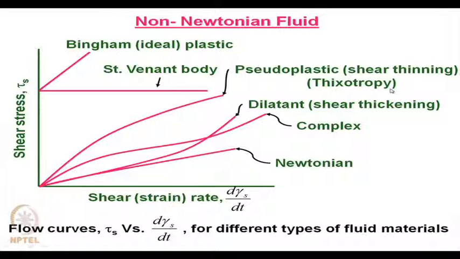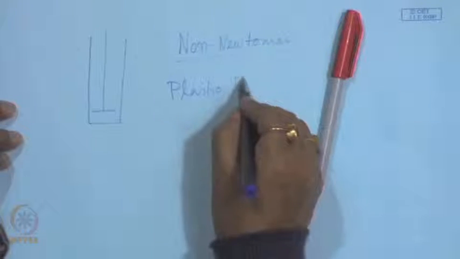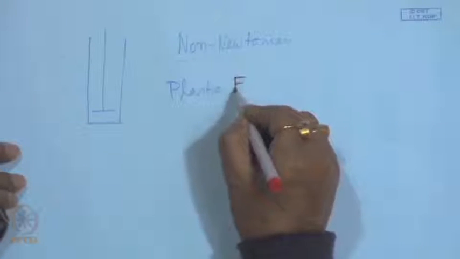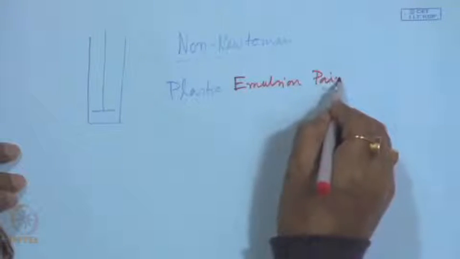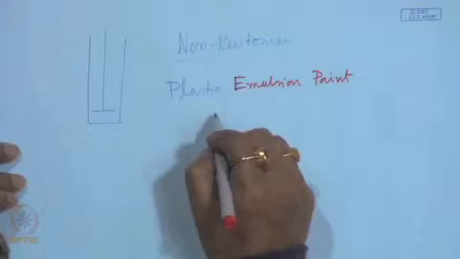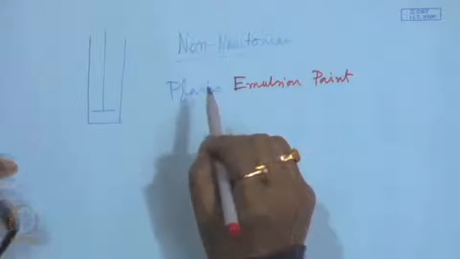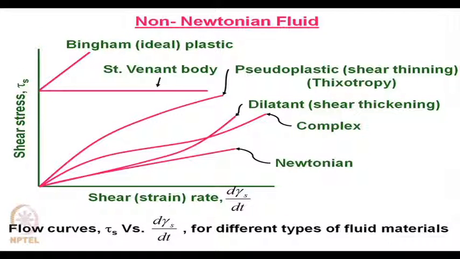This phenomenon is also visualized in the case of plastic emulsion paint, in which some pigment particles are dispersed in a vehicle. That vehicle is made of some water soluble polymer and water and some other organic solvents.